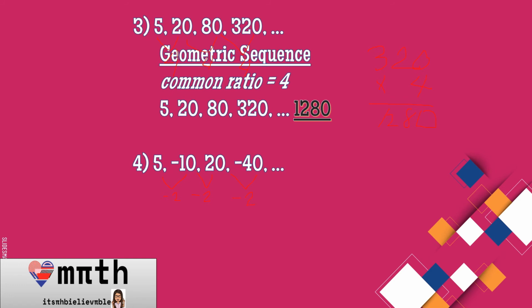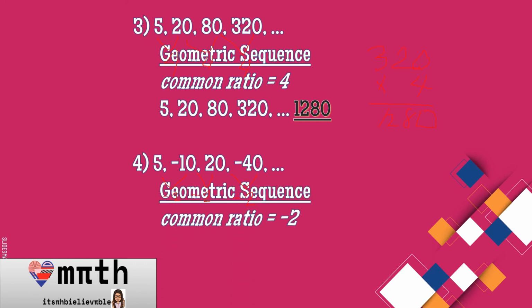So therefore, we have a common ratio which is negative 2, and this is a geometric sequence. To get again the next term, we simply multiply negative 40, which is our last term, by our common ratio, which is negative 2. And negative 40 times negative 2, that will be positive 80. So the next term would be 80.